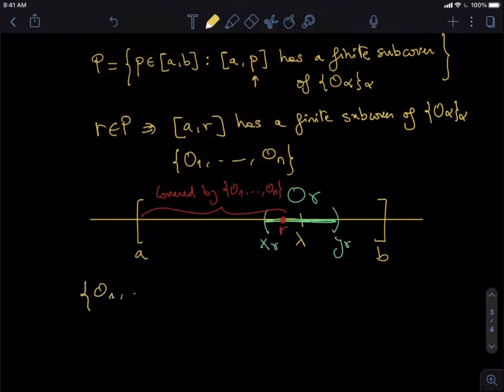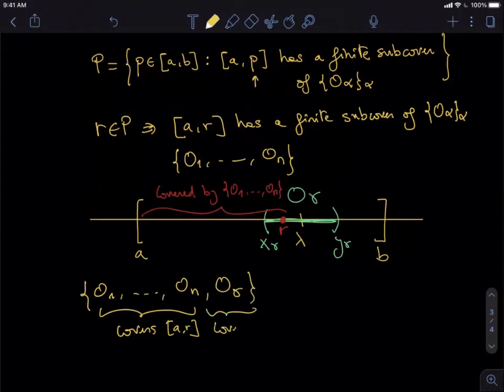If we take the cover O1 through ON, this covers from A to R, and then we toss in O gamma, this covers from R to lambda. Okay, we are done.